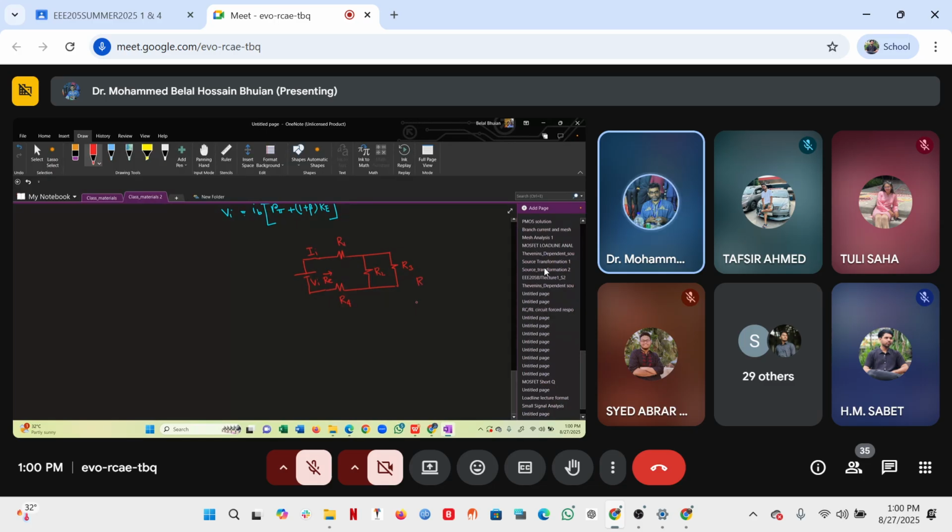So R equivalent is R1 plus R4 plus the parallel combination of R2 and R3. Now I can draw the equivalent circuit like this.